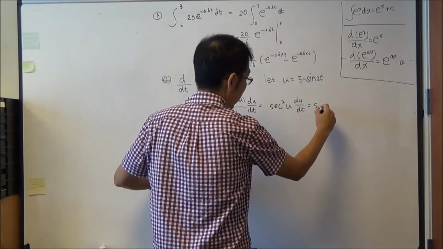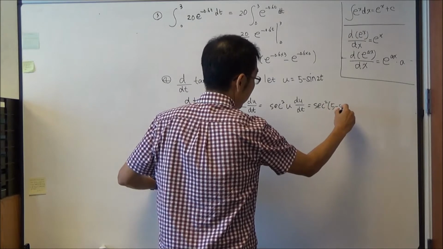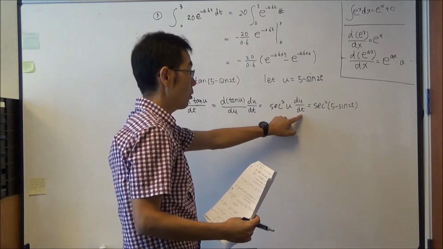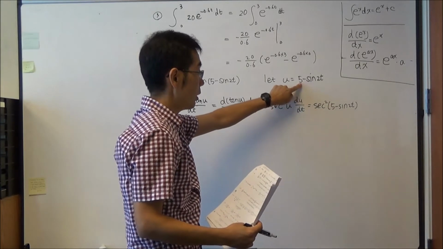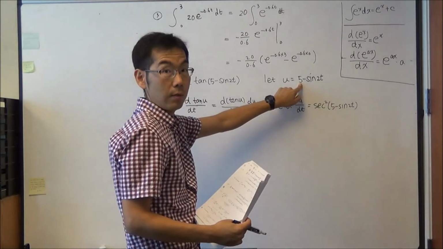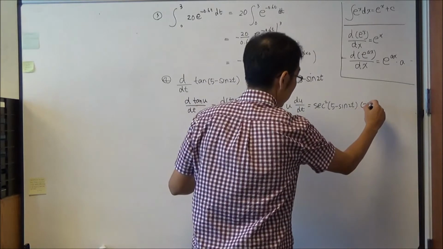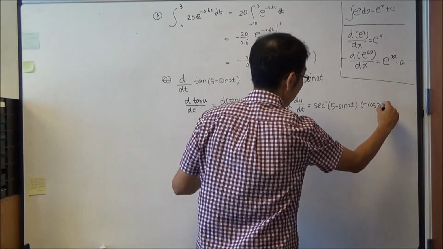So right now I just replace back for the u and then take du over dt here. So this is sec squared of (5 minus sine 2t), and then I need to do d over dt here. If you take the derivative, this constant value will be 0, and the derivative of sine is cosine. So this is cosine 2t.